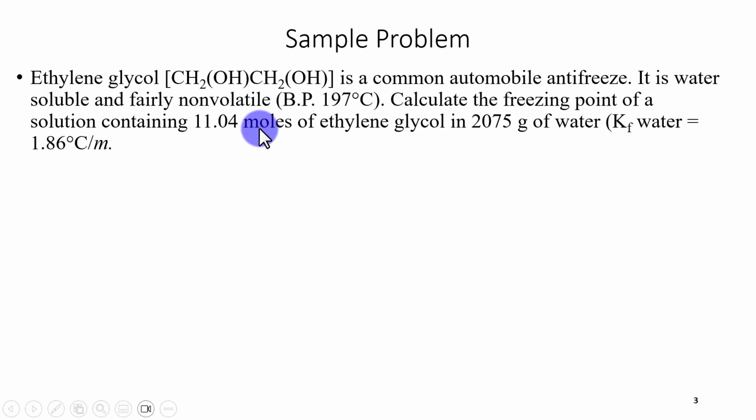We have moles of your solute, convert that to kilograms of water, and then use the formula in the previous slide using this value for the Kf and the value that you calculate for the molality to calculate the freezing point depression. So by how much do I lower the freezing point? And then subtract that from the freezing point of pure water to get the new freezing point of the solution.